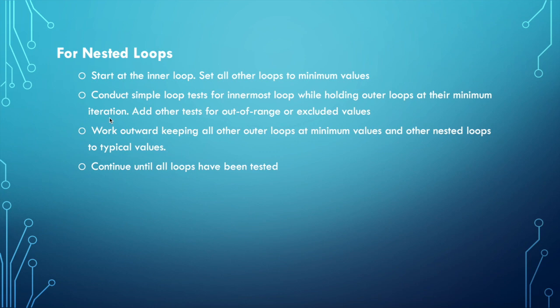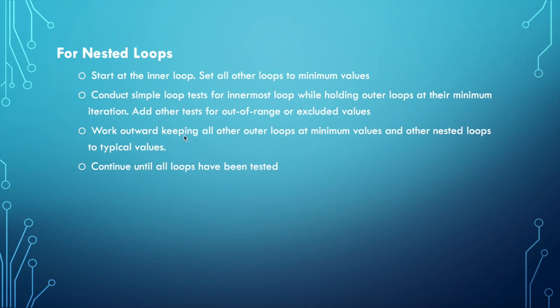And add other tests for out of range or excluded values. Then work outward, keeping all other outer loops at a minimum value and other nested loops at typical values, until all the loops have been tested.